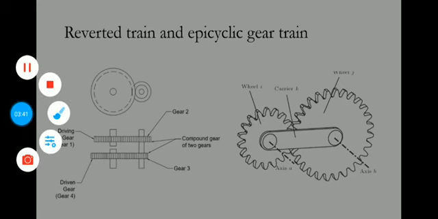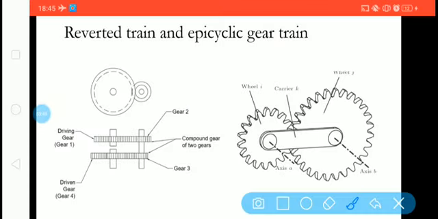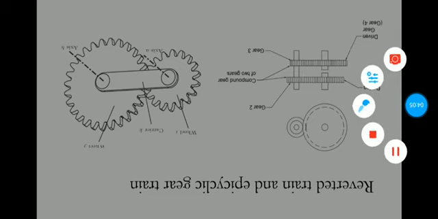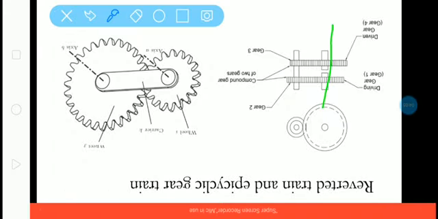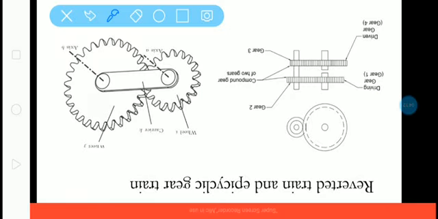So what we can say is that the driver and follower, or the first and last gears, are coaxial. See these two. First and last gears are coaxial. That is the definition of a reverted gear train.